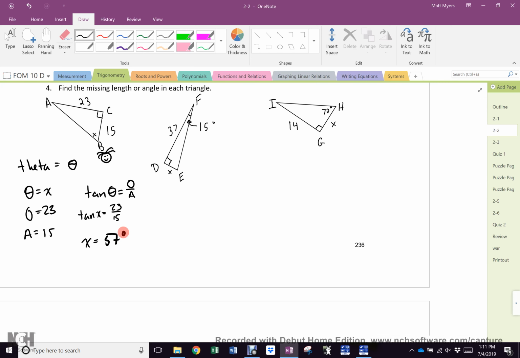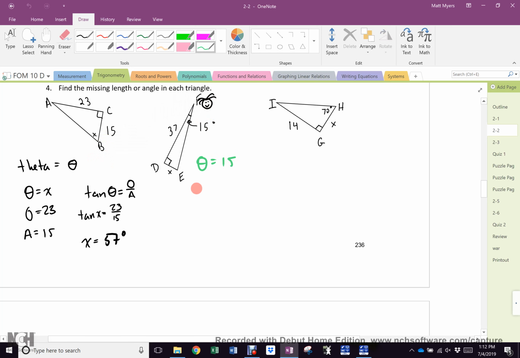Everybody cool? All right. Now, if something works once in math, how often does it work? Always. So let's look at this next question. Do I have a theta? Is there an angle I care about in this question? What is it? 15. Once I have 15 set up, that is where I am going.